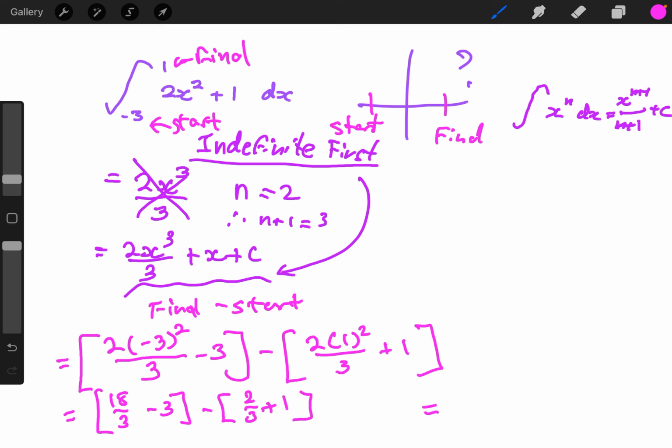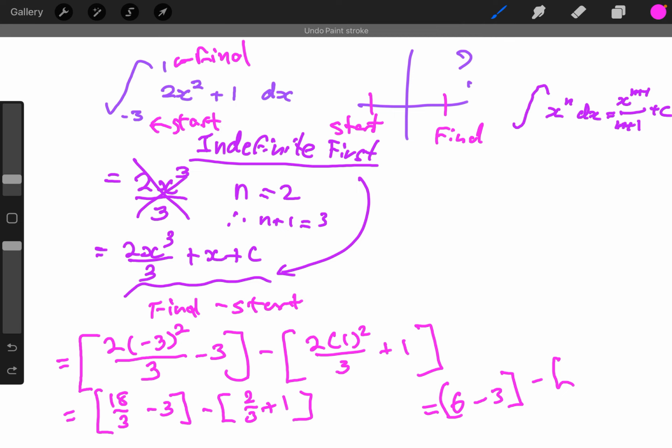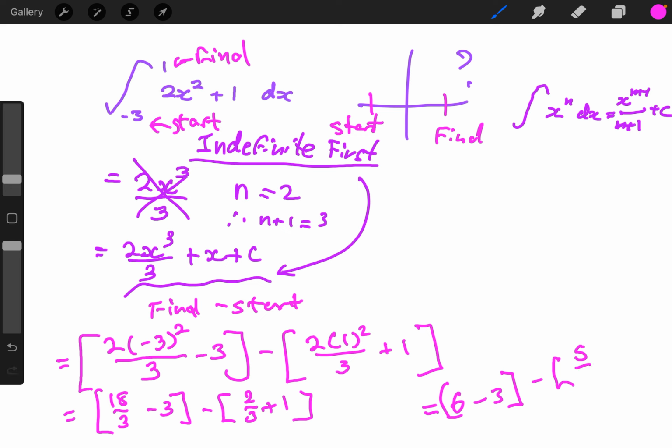So final answer for this, 18 over 3, that is 6 minus 3 minus 2/3 plus 1, so that is 5/3. Minus 5/3.